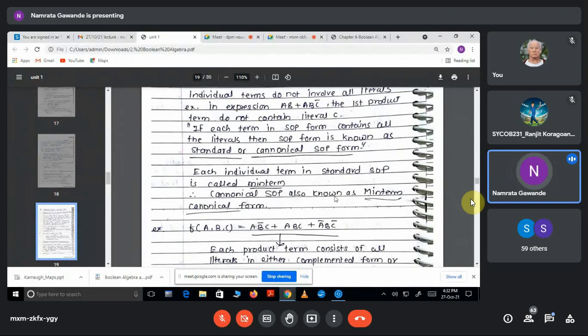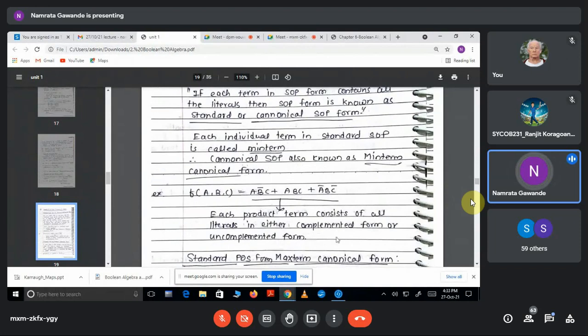Canonical SOP is also known as min-term canonical form because all those are known as min terms, right? Each product term consists of all the literals, either in the complemented form or in the uncomplemented form. So this is known as the standard form because not a single literal is absent here. All the literals are present in all the three terms.